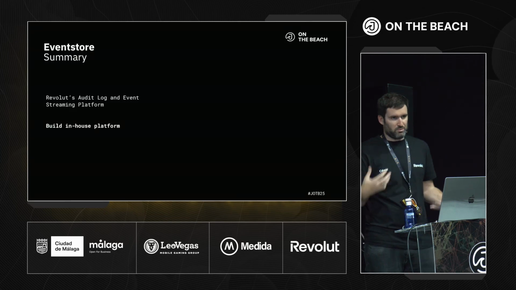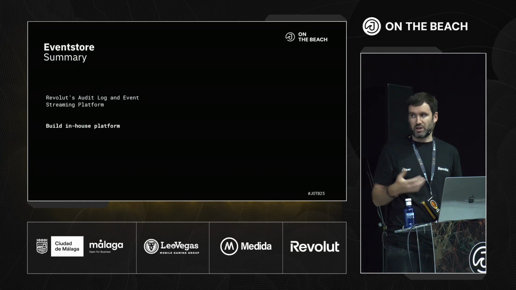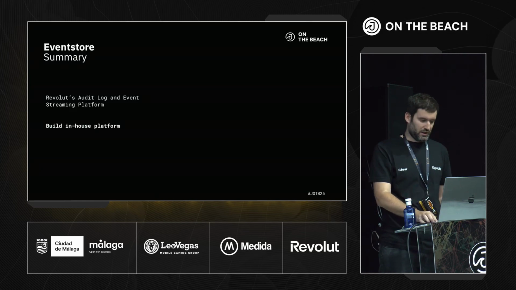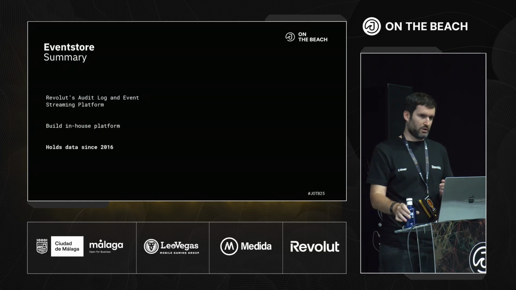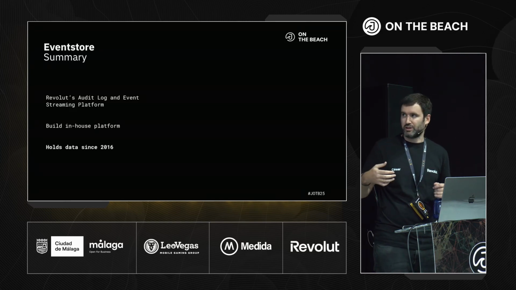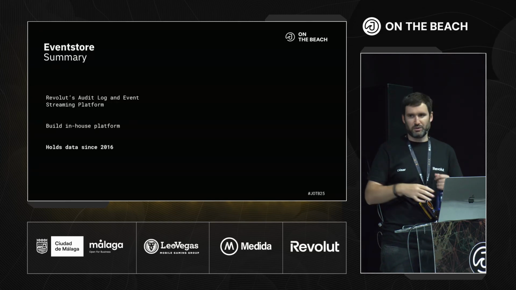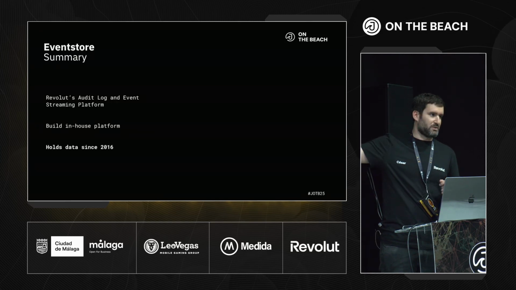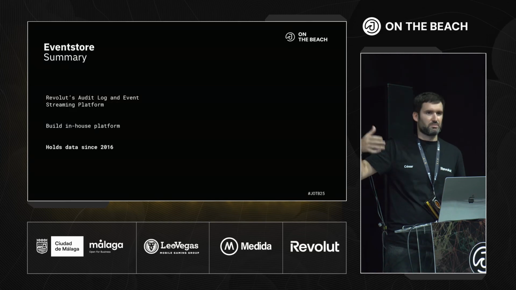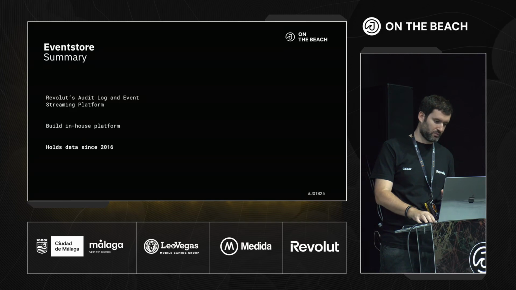We built it totally in-house, so we don't leverage any external solution. And right now we have data since 2016. Revolut started in 2015. This Event Store system, from what I heard, was alive even in 2015, but the streaming side of things existed before the audit log, instead of the other way around.